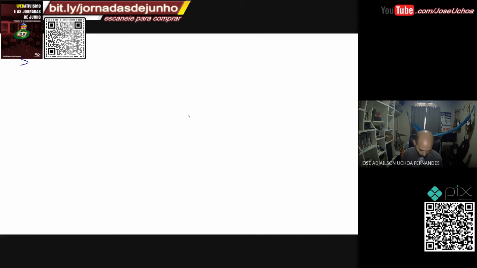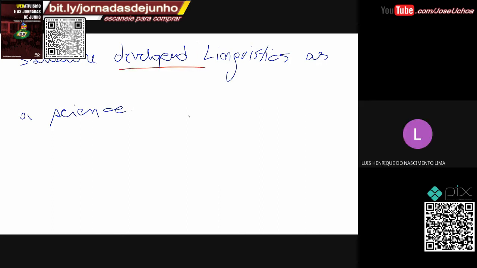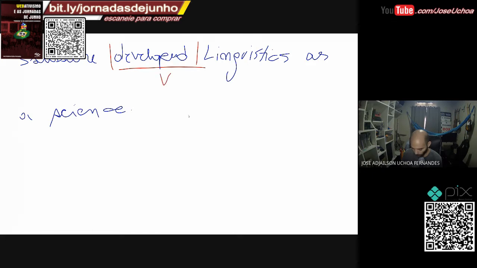So see, developed linguistics as a science. What is the function of developed in this context? Take the word developed. It's a verb.